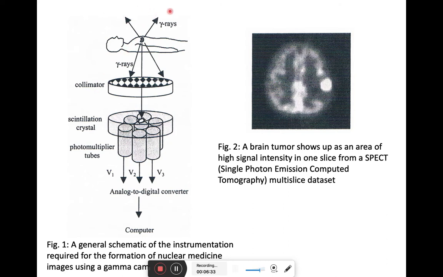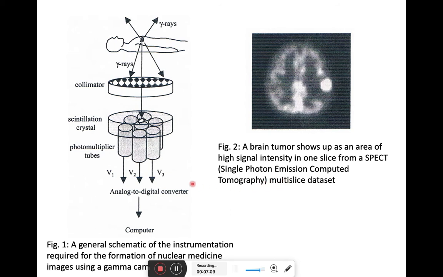We have a gamma ray emitted from the specific organ in the patient's body. In this case, the system is trying to detect a brain tumor. The brain tumor will show up as an area of high signal intensity. This is an example from SPECT. SPECT actually stands for single photon emission computed tomography.